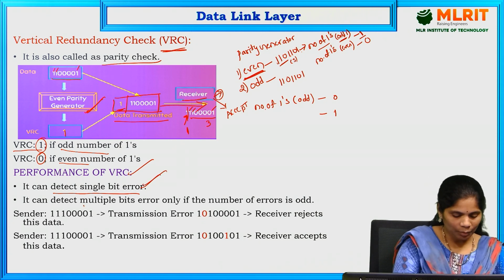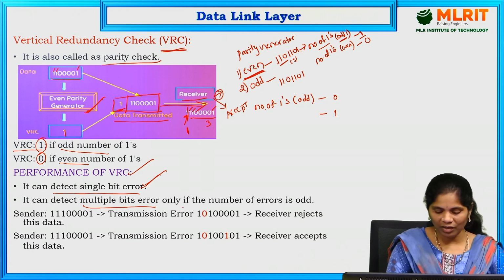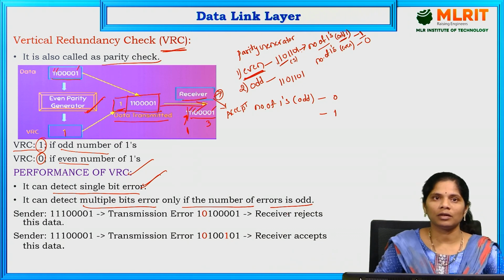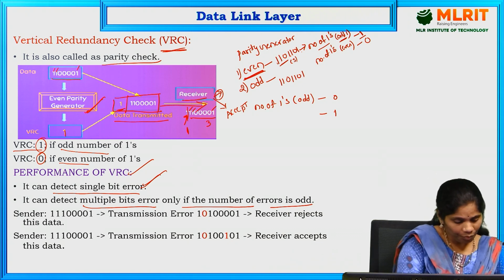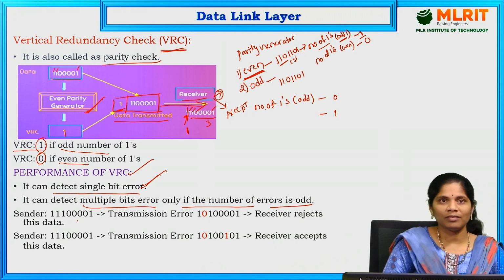And it can detect multiple bit errors, but only if the number of errors is odd; only then will it be detected. See how it works. If the sender data is 111000001, this is the original data.